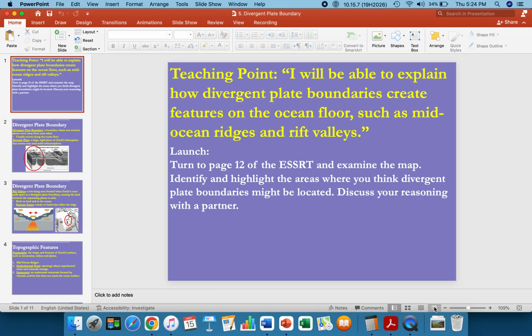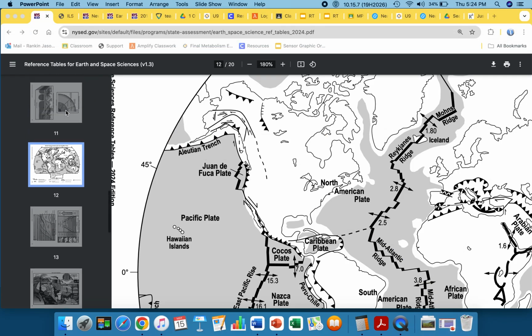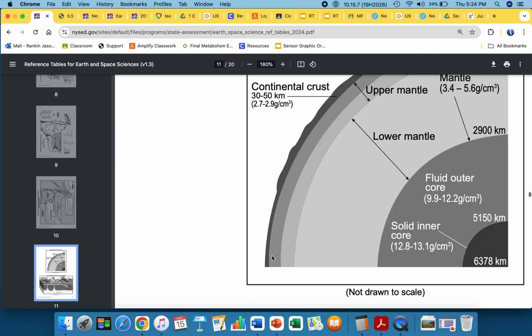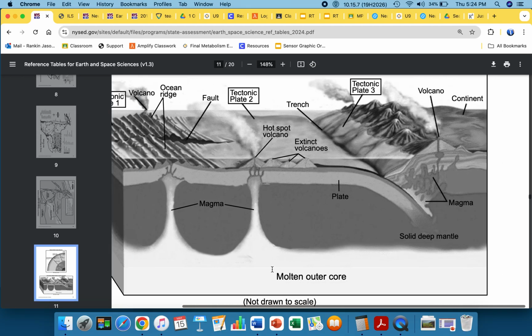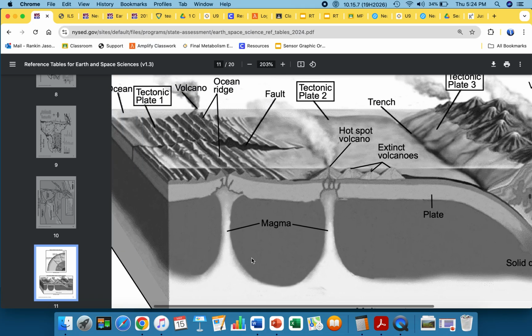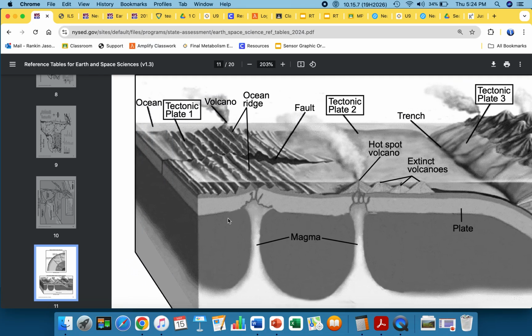Oh, let's do this too. Go to the page before, page 11. The divergence is happening over here on this side. We have the ocean ridge, mid-ocean ridge.